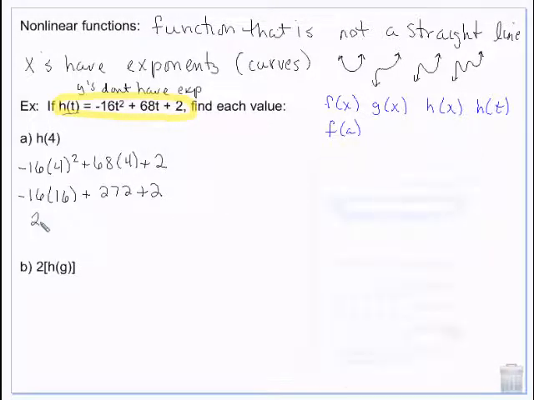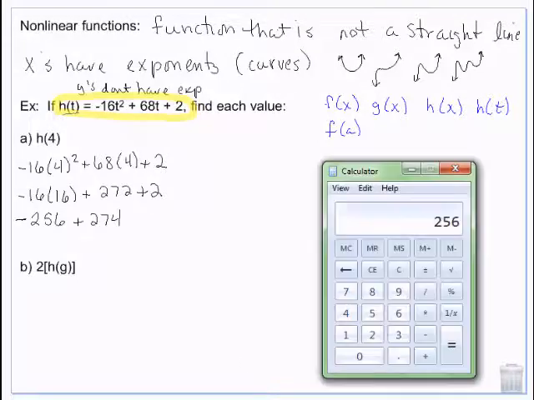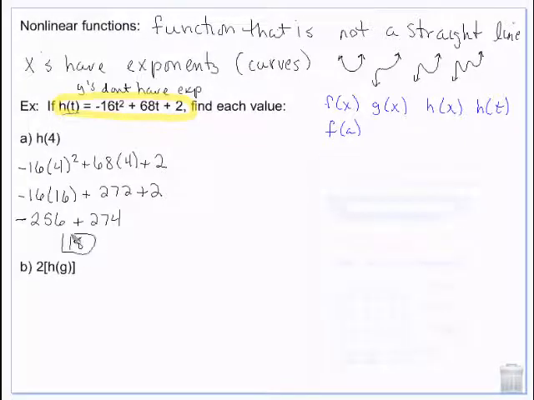Yep, 256. So I have negative 256 plus 272, so 18. Okay, so we're replacing both t's with 4 in this example.